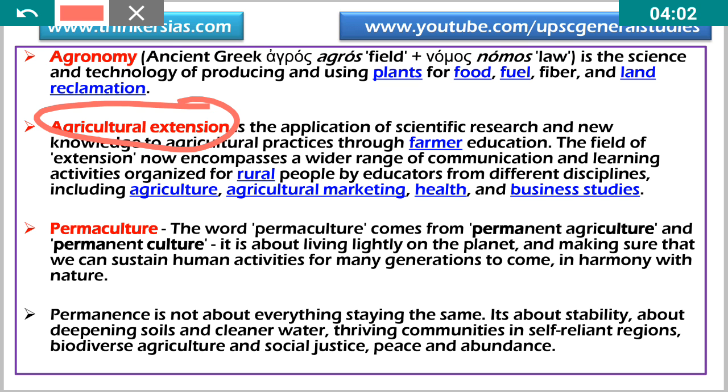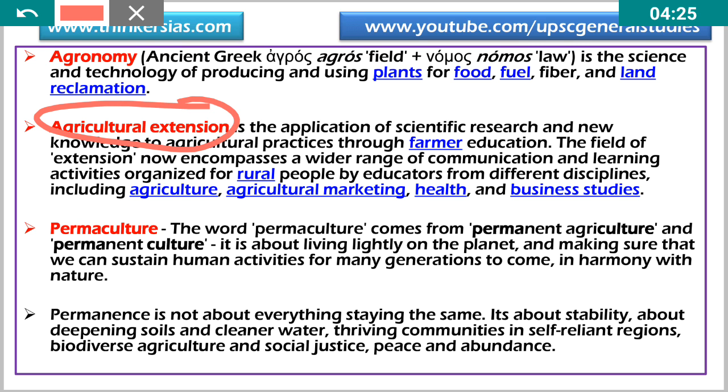Agriculture extension, please remember you need to know the definition. Agriculture extension is the means to educate farmers, to provide knowledge about cultivation of crops in a non-formal way. Here first the farmers learn the practicals, then the teacher goes to theory.